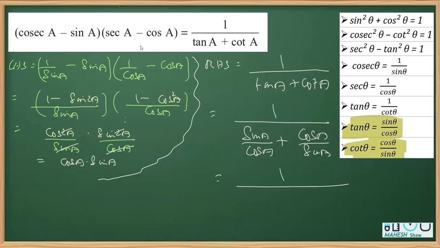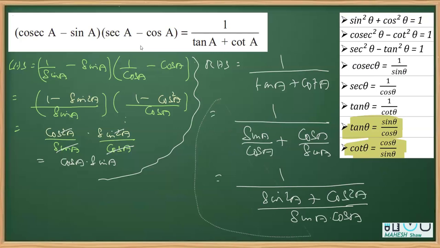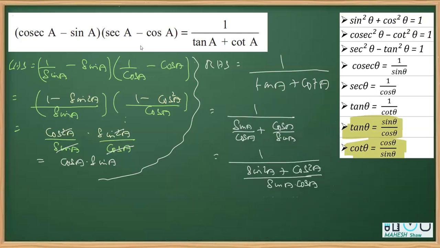Now continue to simplify the denominator. I can see the LCM is the product of these two, so it's cos A into sine A, or you can write sine A into cos A. So sine A multiplied by sine A is sine square A, and cos A multiplied by cos A is cos square A. So we have written this in the simplest form as far as possible.